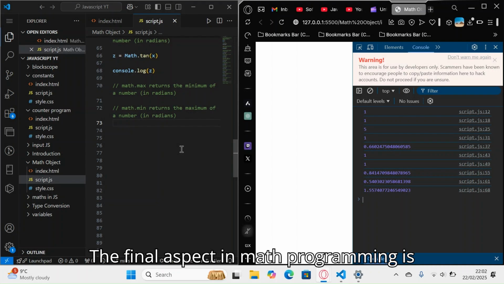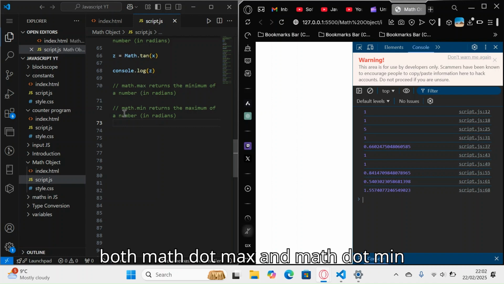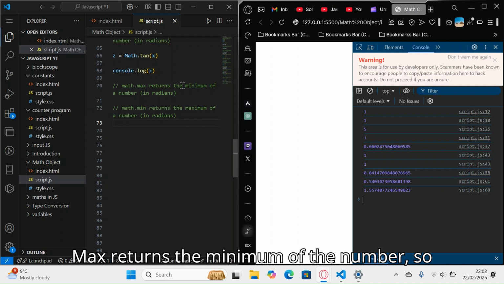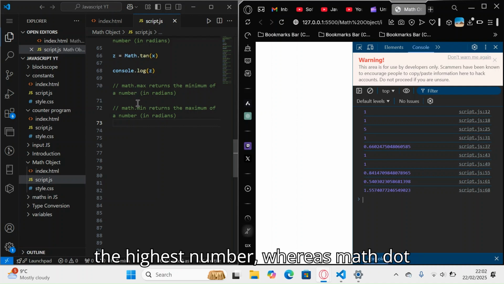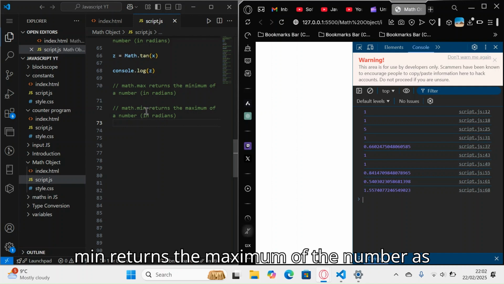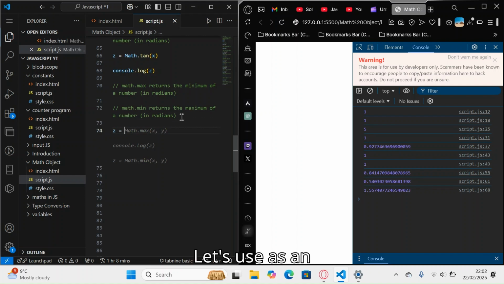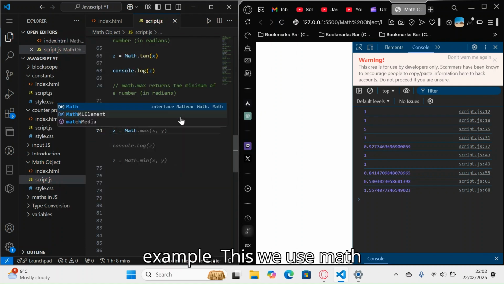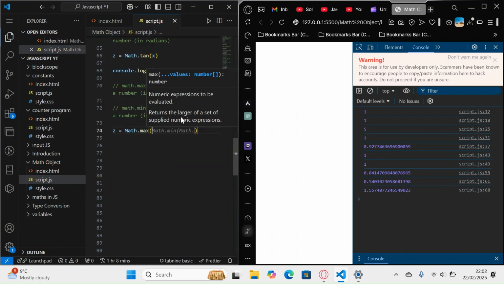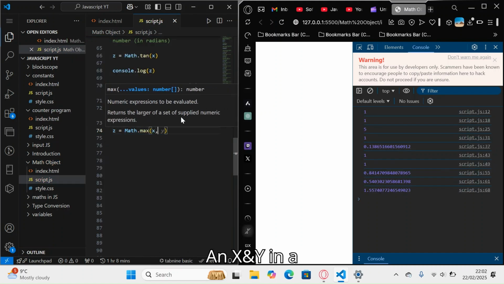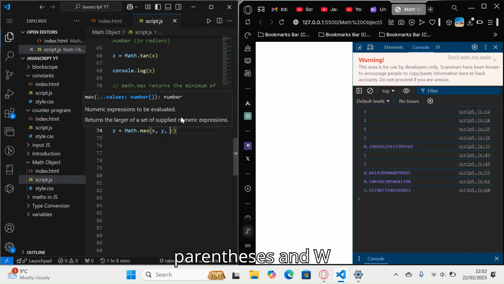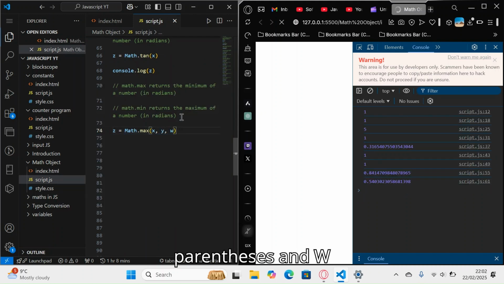The final aspect in math programming is both the math.max and math.min objects. So math.max returns the highest number, whereas math.min returns the smallest number. Let's use math.max as an example, with x and y in the parentheses, and w as a new variable.